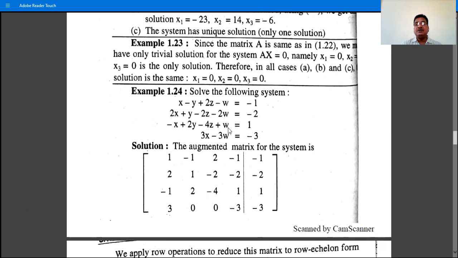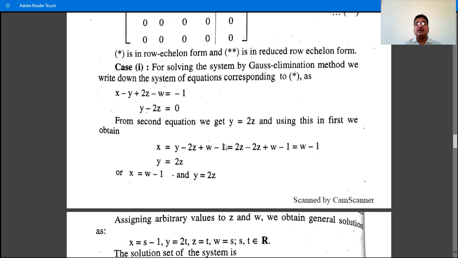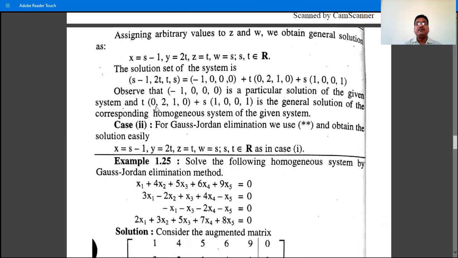This is the associated homogeneous system, and if you find its solution, we have it in this form: t times 0, 2, 1, 0 plus s times 1, 0, 0, 1 is the general solution of the corresponding homogeneous system.